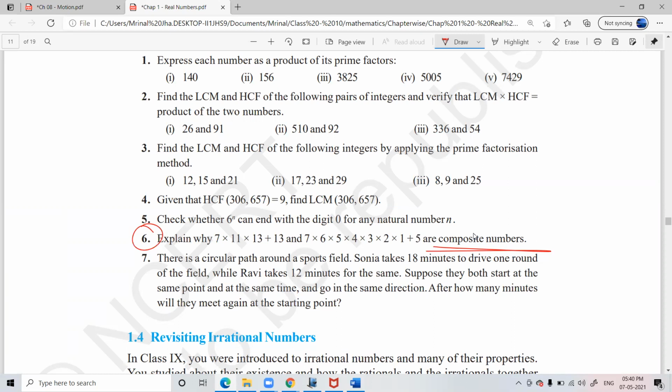Yeah, see, 7 into 11 into 13 plus 13. So of course you can take 13 common and you can write it as a product of two numbers like 13 into (7 into 11 plus 1). So 13 is a factor of this number, whatever you do. Other than 1 and the number itself, at least 13 is going to be one of the factors, correct?